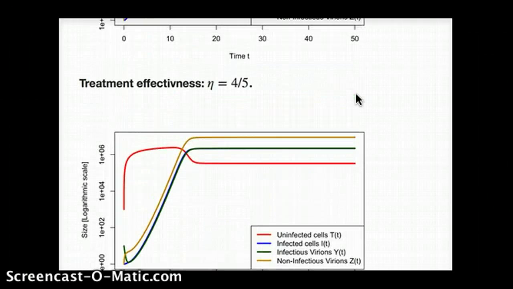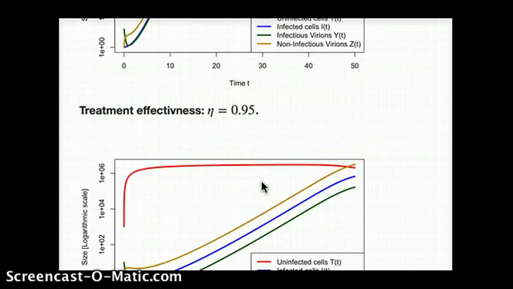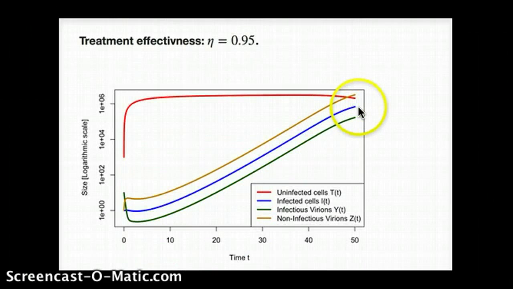Before, the plateau for infectious virions was on the order of 10 to the 6. You can see that here the positive equilibrium level is on the order of 10 to the 6, while now it seems that those infectious virions are going to plateau at a longer time scale, and they're still not at levels as they were before.